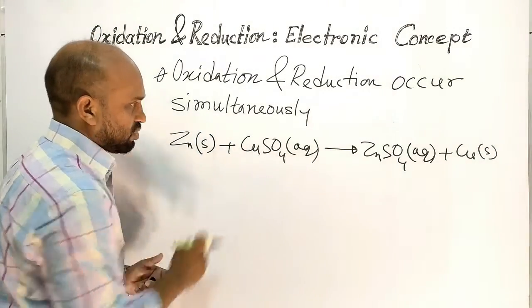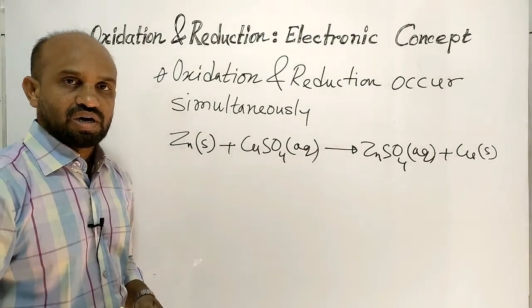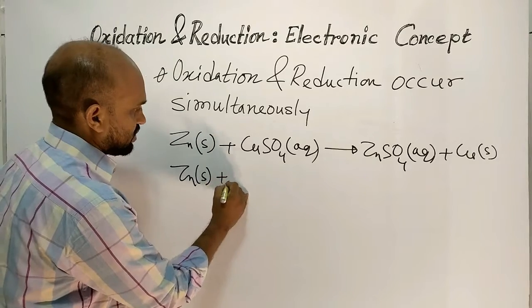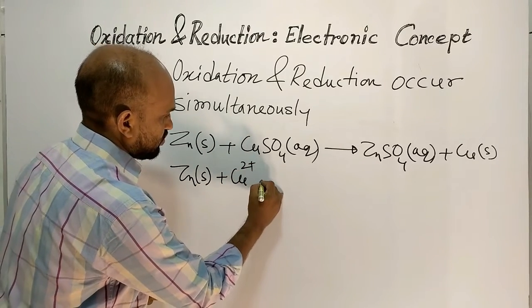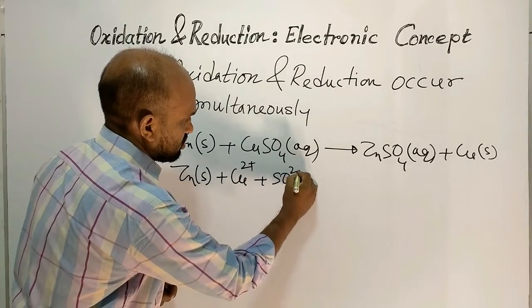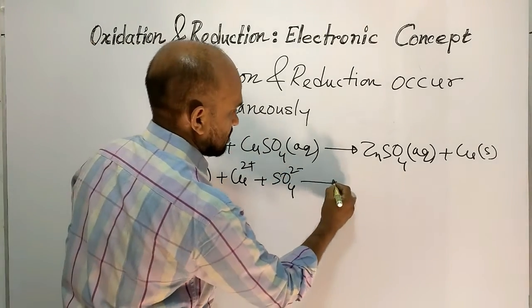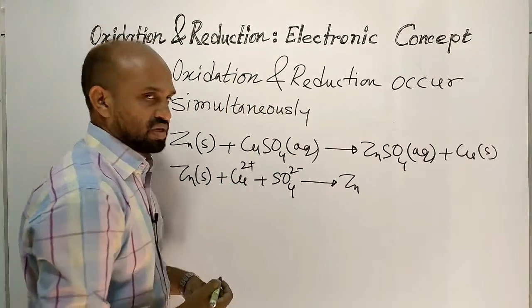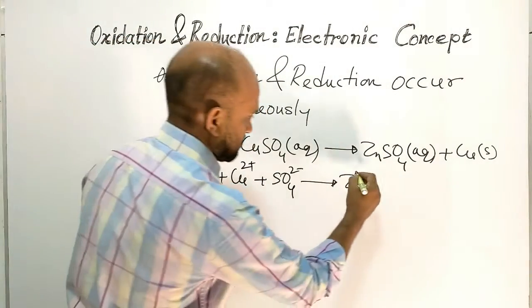Let's see this compound in the ionic form. Zinc solid plus copper 2 plus sulfate 2 minus. Here this is in ionic form.